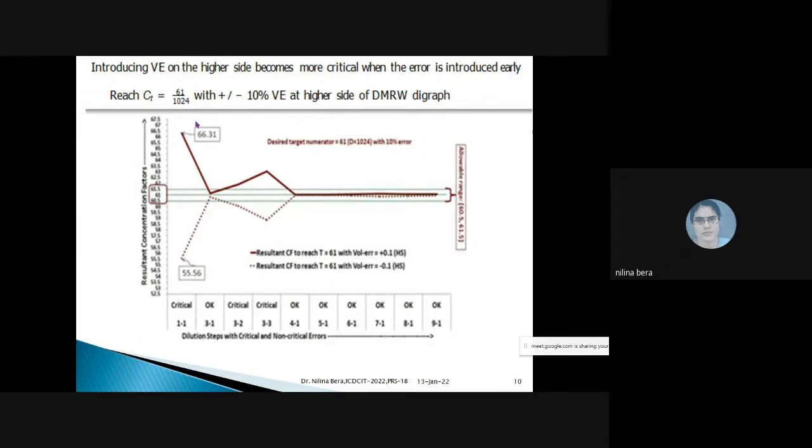Just check over here, the target is 61 upon 1024, and I am introducing 10% volume error, and it becomes critical at the very first step. Instead of 61, the altered final CF is giving me 66.31, and obviously minus 10%, a negative error, gives a symmetrical nature in the performance of the volume error.